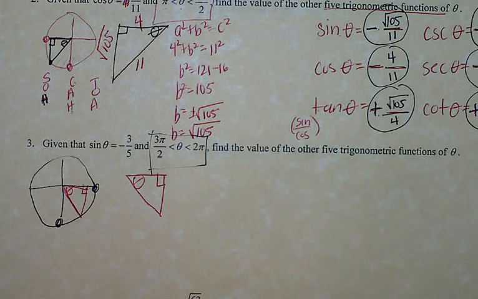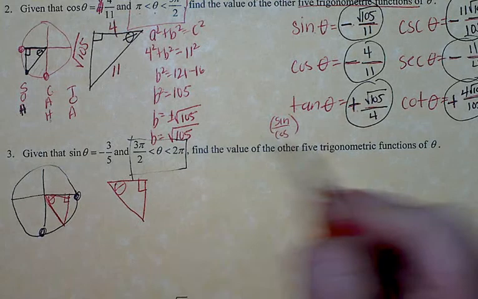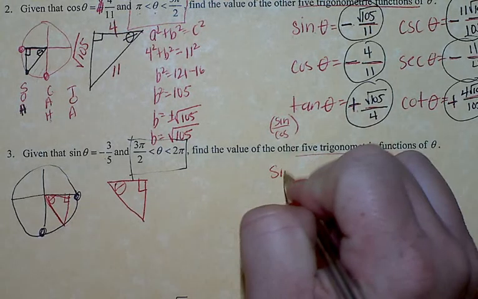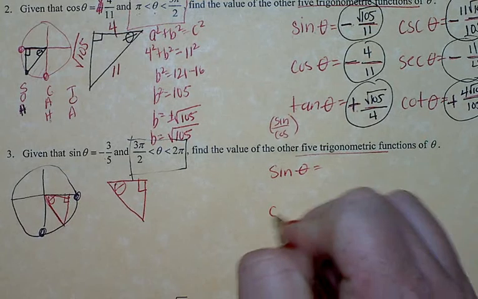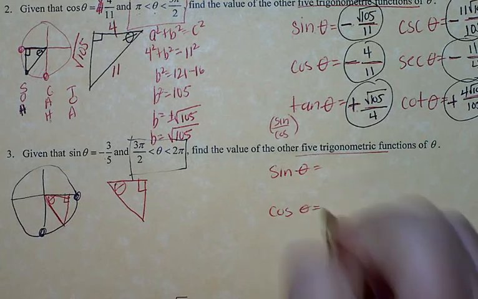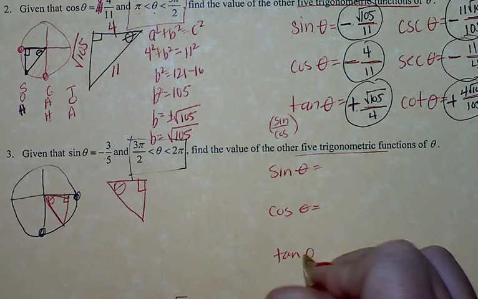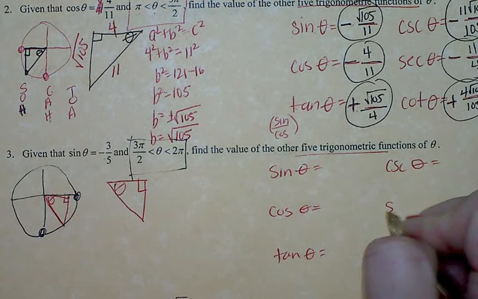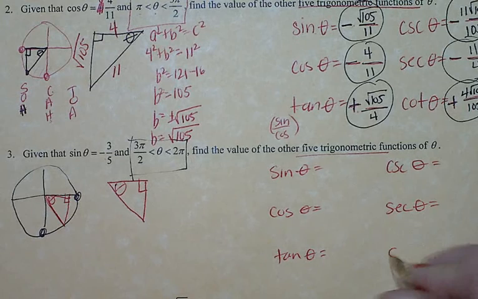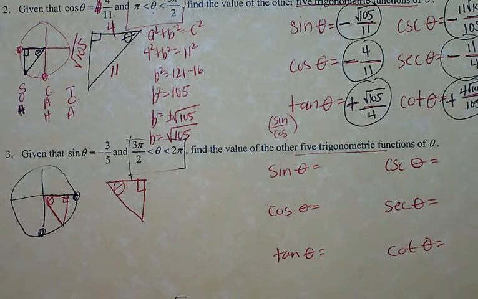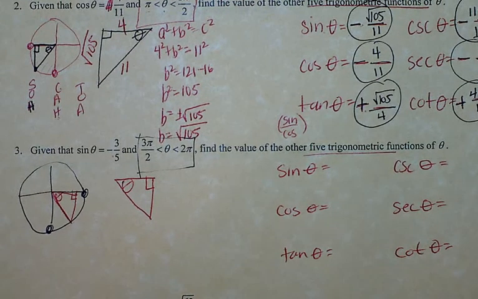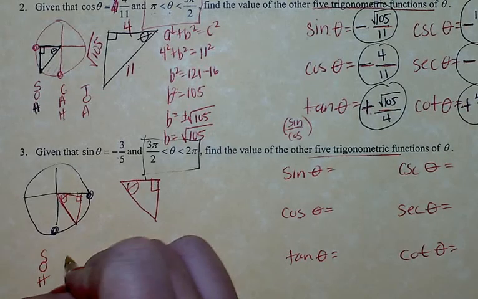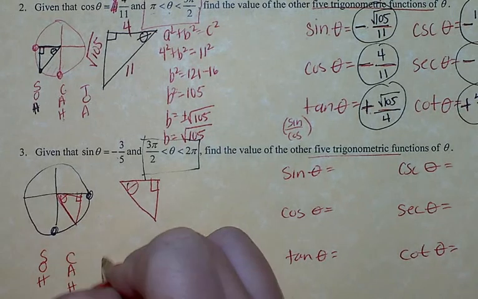I'm going to go ahead and identify the 6 trig functions. We already have one of the 6, so I have 5 remaining. So I have sine of the central angle, cosine, tangent, cosecant, secant, and cotangent. And as just a little reminder, down below here, I'm going to write SOH CAH TOA.